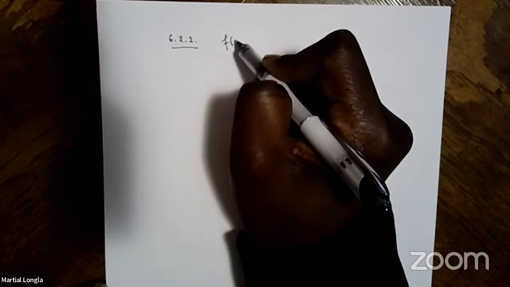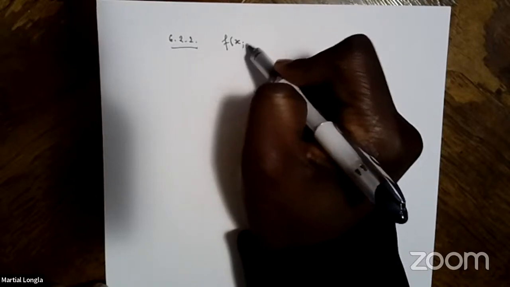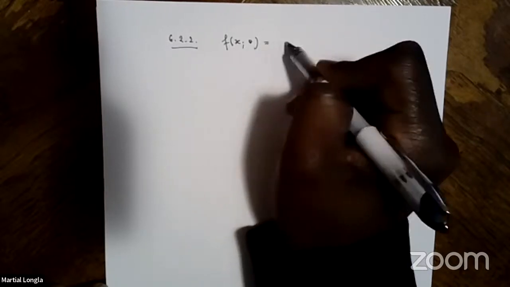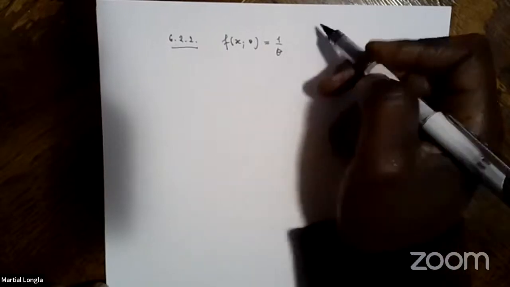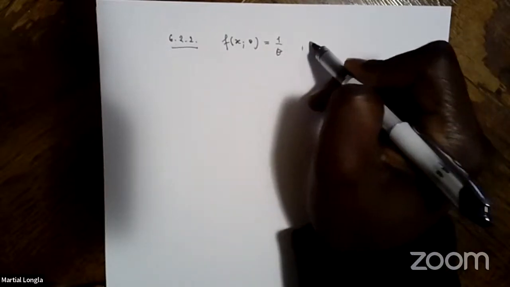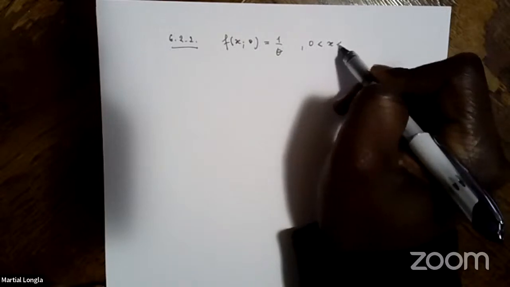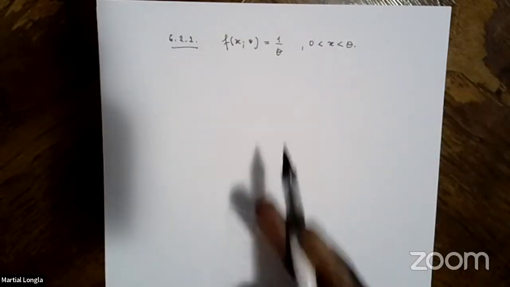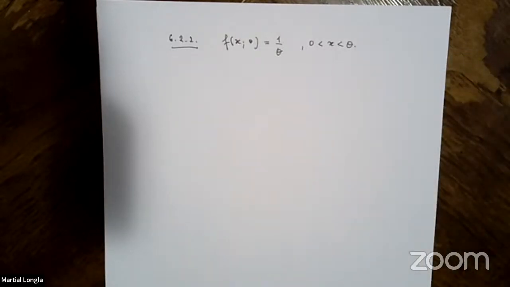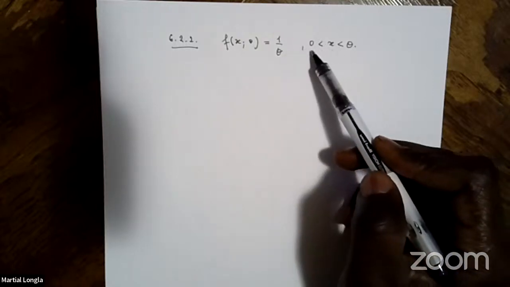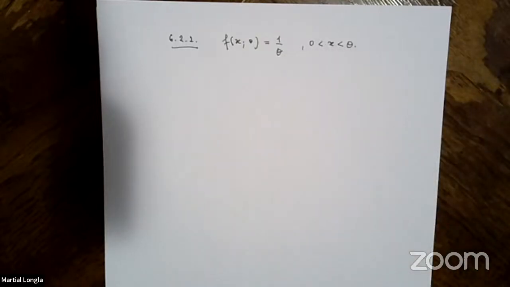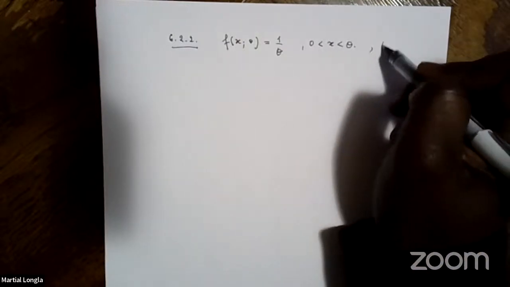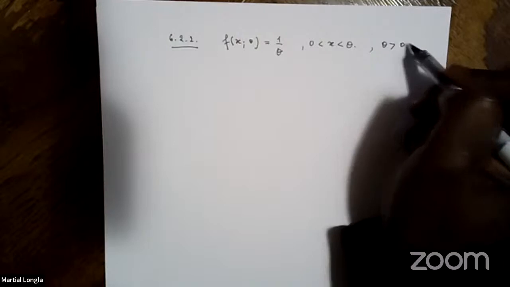It's kind of repeating the same steps. So we have a distribution, 1 over theta for 0 less than x less than theta. This is technically the uniform distribution on the interval from 0 to theta. And the condition given is that theta is positive.